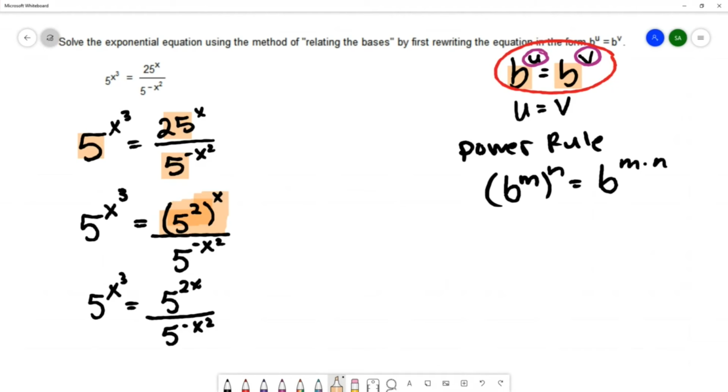Then I'm going to simplify the right-hand side using another property of exponents called the quotient rule.